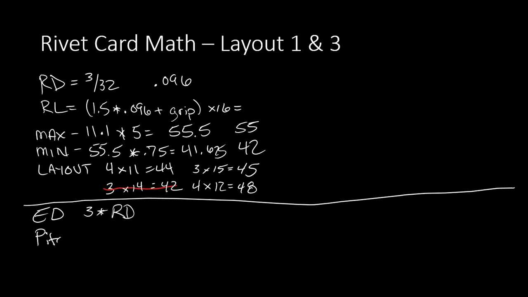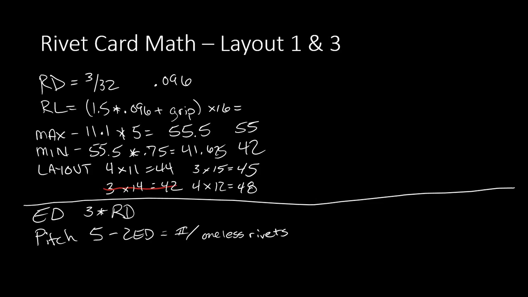Your pitch, you're going to do your 5 inches minus 2 edge distances equals some number, and then divide by 1 less rivets. So if I was doing that 4x11 that I like, I'd be dividing by 10, because the bigger number is what's going to be pitching across.